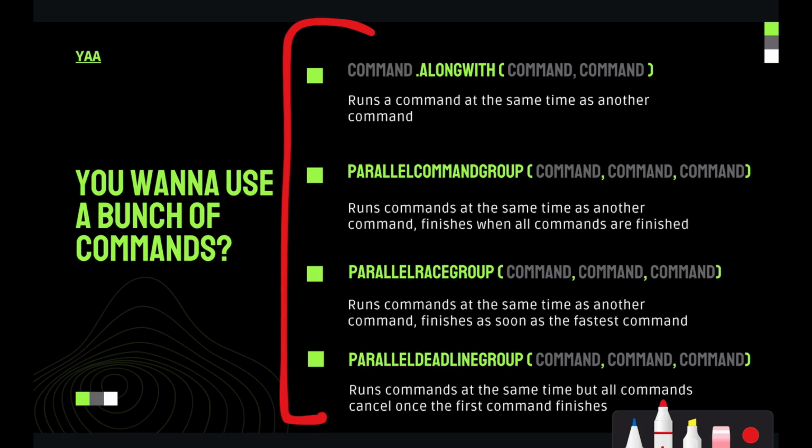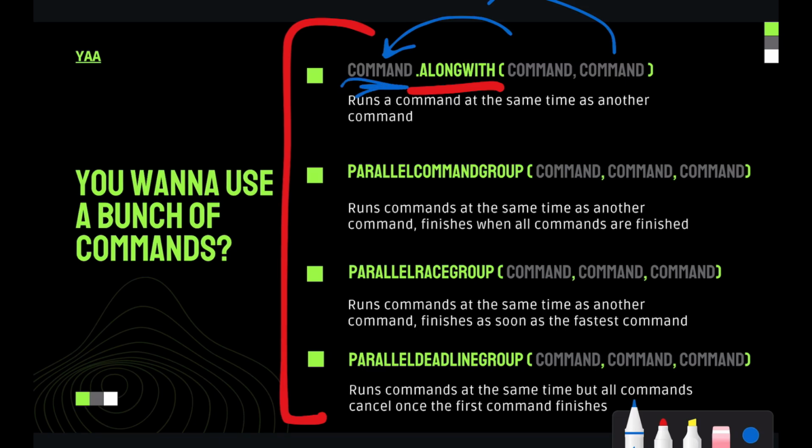First thing I want to talk about is alongWith. So you have one command here, and then alongWith, so once this command runs, these commands are also going to run with this.